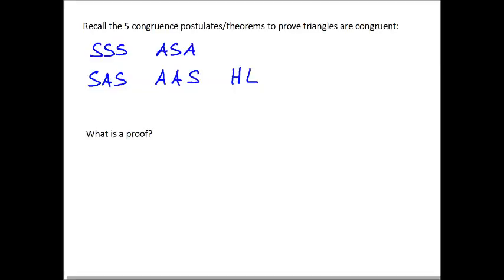In this class, we're also going to start being a little more formalistic and structured about how we create our proofs. Let's first talk about what is a proof and how do we want to do this. A very important thing to set up a proof the right way is we have to write everything down. And when I say everything, I mean all the things that are congruent, we have to write down. In other words, what is congruent?